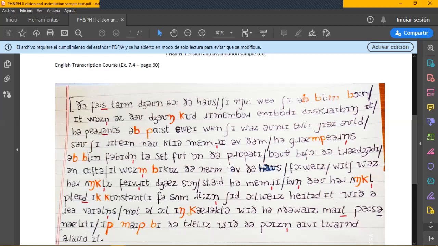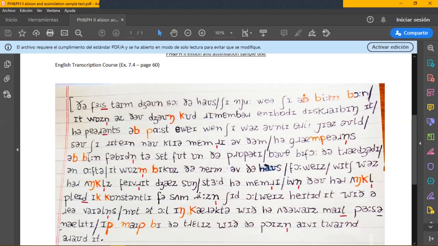Then, for example, here in "parents", I have not elided this sound because I saw in the dictionary that it wasn't elided.